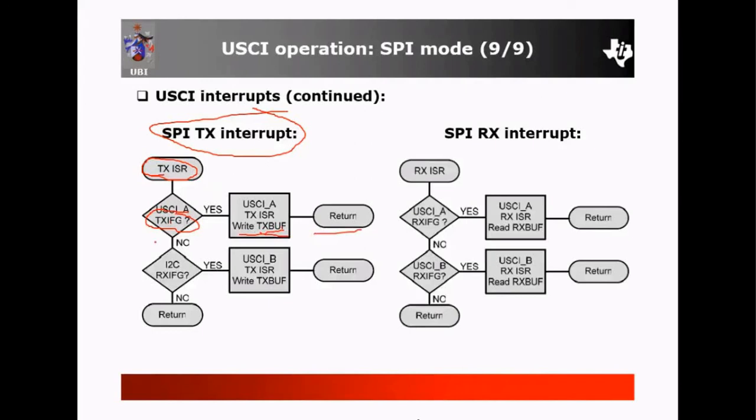Otherwise, if TXIFG is not generated, then it will check the I2C RXIFG. You can see that in the USCI module, SPI is available for USCI A and also USCI B, so you have to take care of these two.